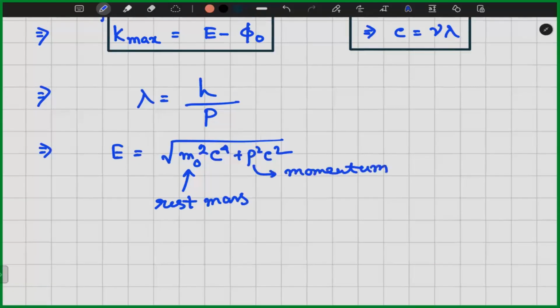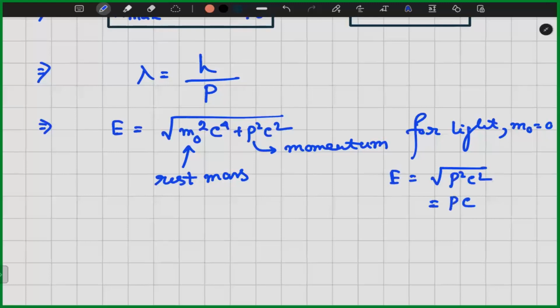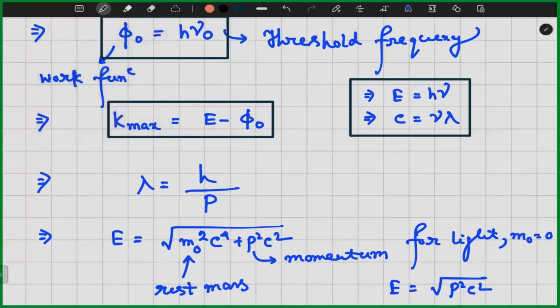For light, m0 is 0, there is no rest mass, so you get p square c square, that means E equals pc. So these are the theory we discussed in class and is required for math.